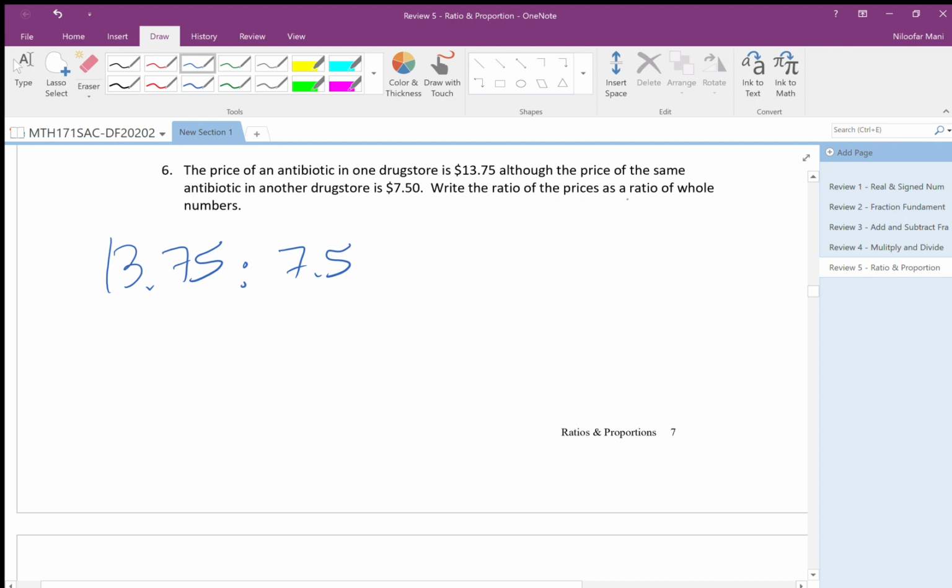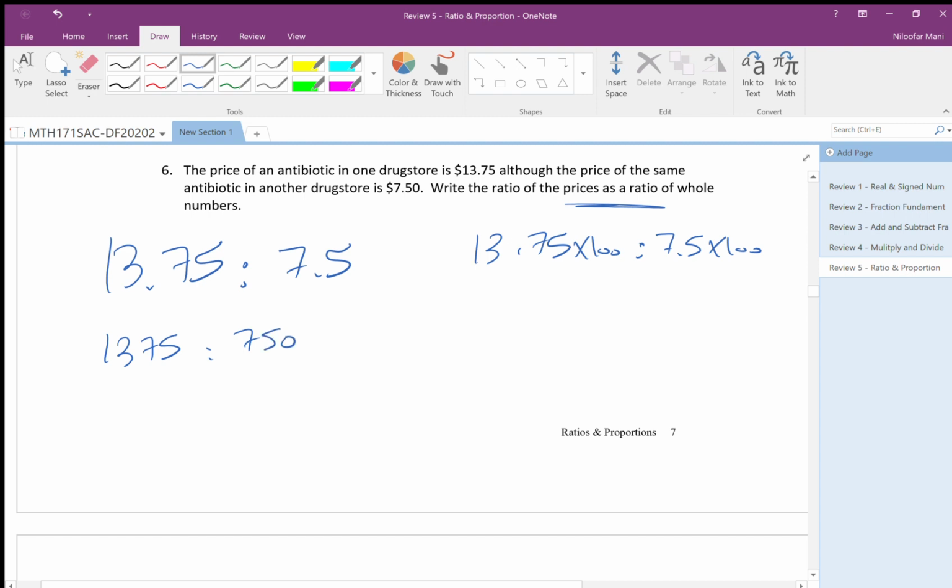It says the ratio as a whole number, so I have to remove the decimal, and so I multiply both sides with 100 because I want to remove the decimal. So it is this compared to 7.5 times 100, which is 1375 compared to 750.